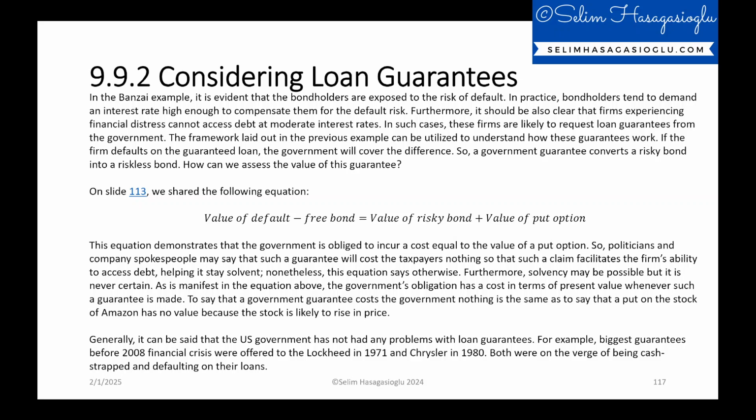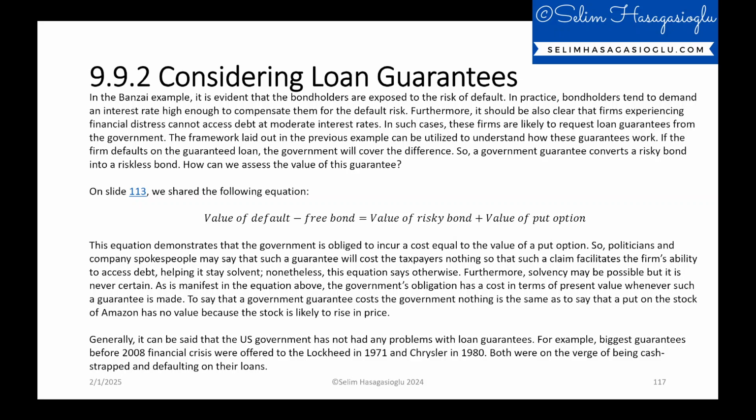In such cases, these firms are likely to request loan guarantees from the government. The framework laid out in the previous example can be utilized to understand how these guarantees work. If the firm defaults on the guaranteed loan, the government will cover the difference. So a government guarantee converts a risky bond into a riskless bond.